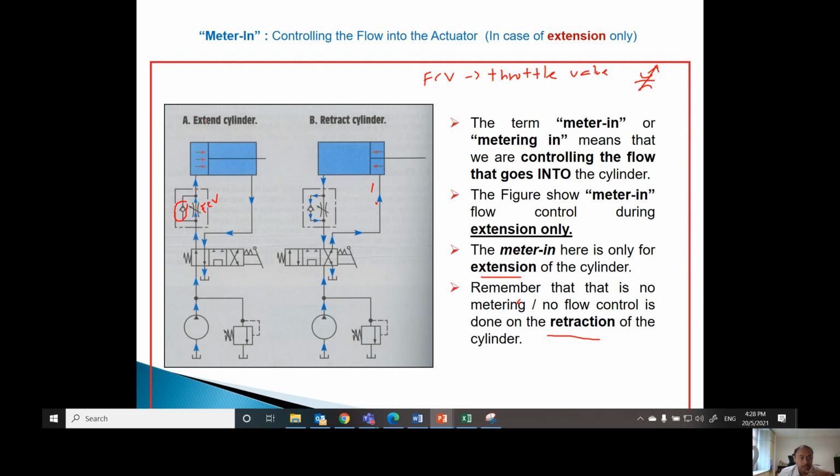However, that was during extension. During retraction, which is in the reverse flow, the flow will go through the rod end and then leave the blank end. So when the flow is going down to here, with the same orientation of the check valve, this check valve will allow a free flow.